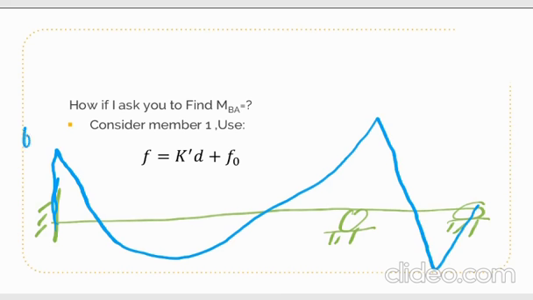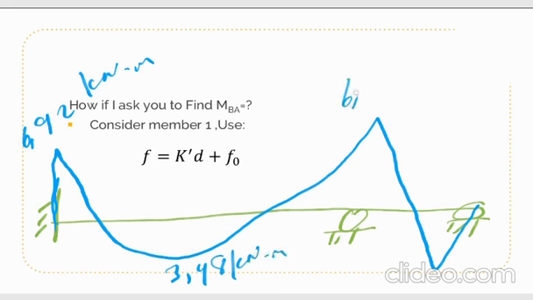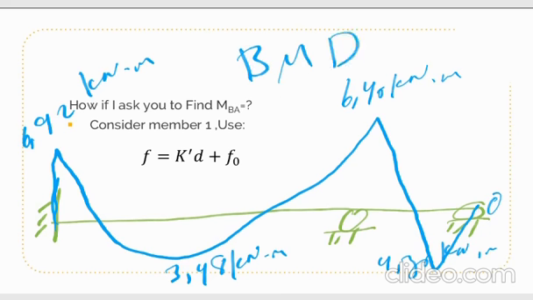This value here is 6.92 kilonewton meter. Here the maximum is 3.48 kilonewton meter. Here is 6.40 kilonewton meter, and this one is 4.3 kilonewton meter, and this is already 0. So this is the bending moment diagram for this example.